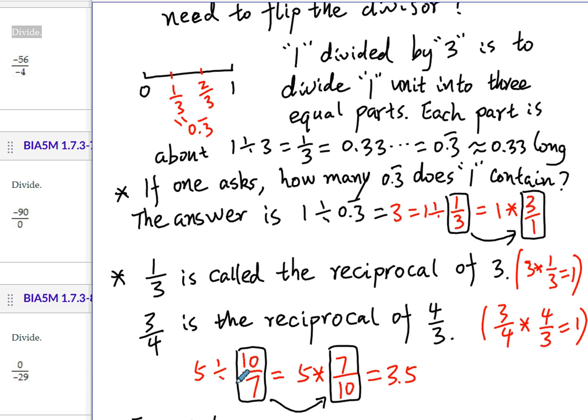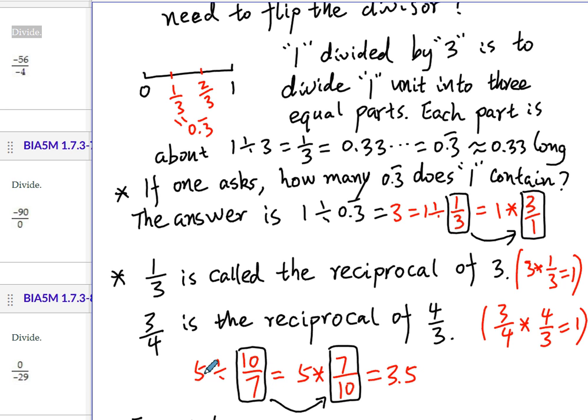Here you can also say, in the number 5, how many 10/7 are contained in the number 5? There are 3.5.